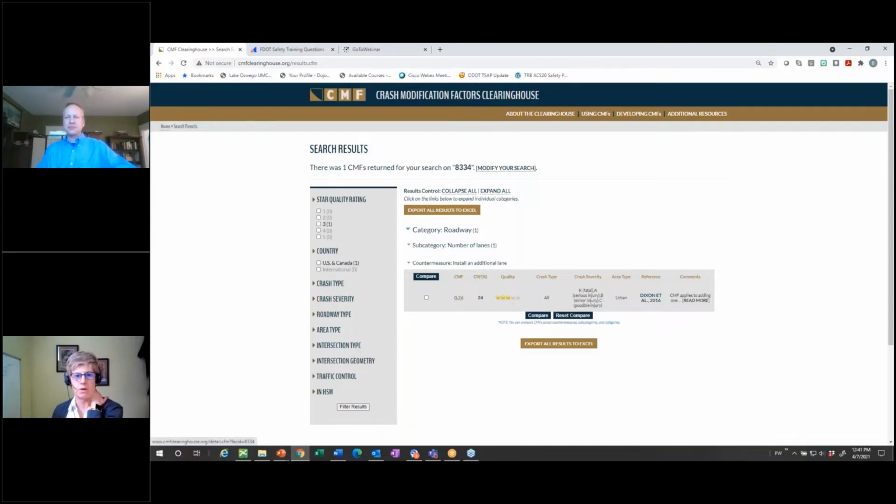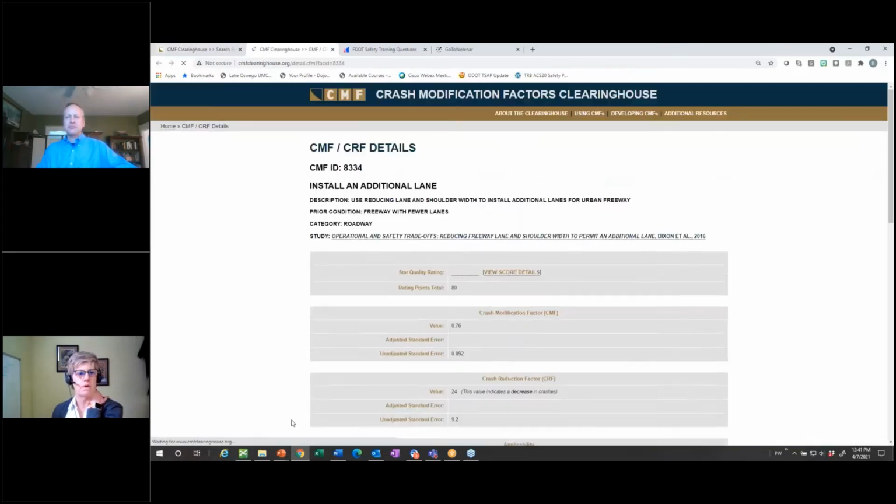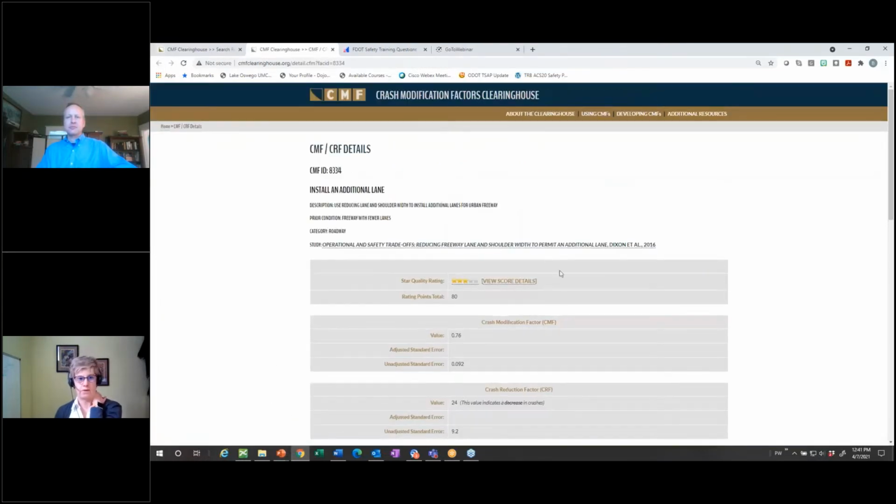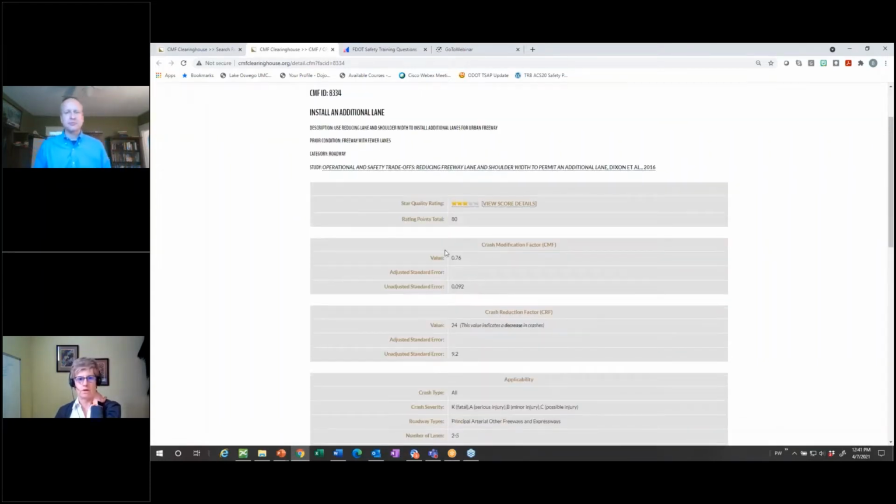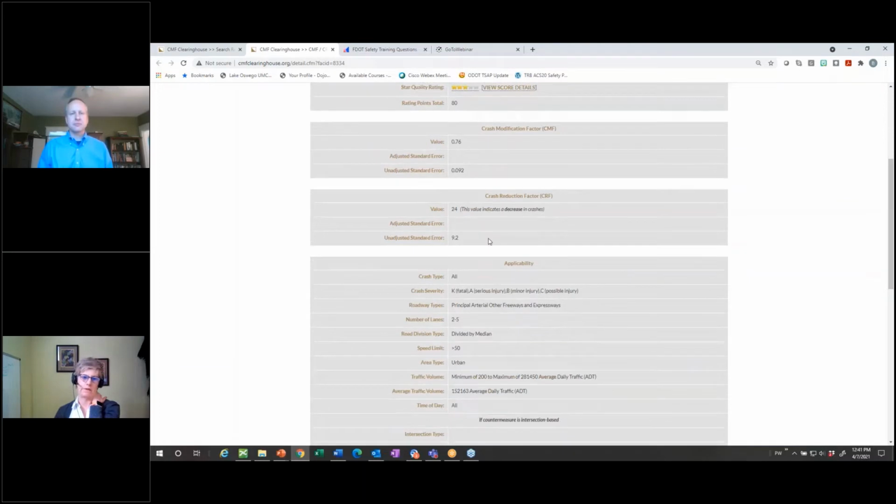If you click through, you get a lot more information. You get a little bit more about its scoring detail if you want. The standard error becomes available, which is valuable. They still are converting it to the crash reduction factor, so that's useful.